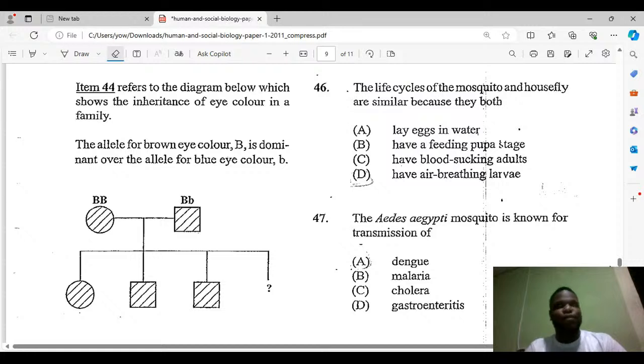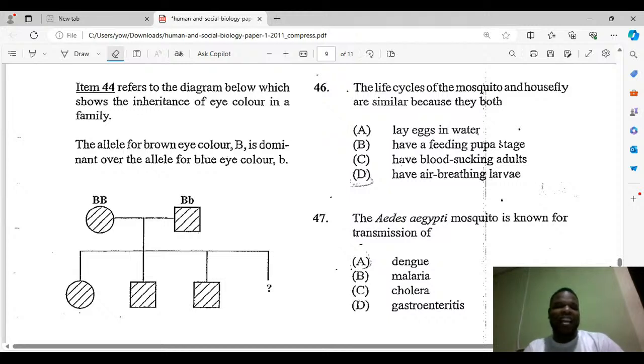Because flies look for more decomposed material, more like cuts and things like that, decomposing stuff. Right? So it can't be A. Do they have a feeding pupa stage? That is the main question.